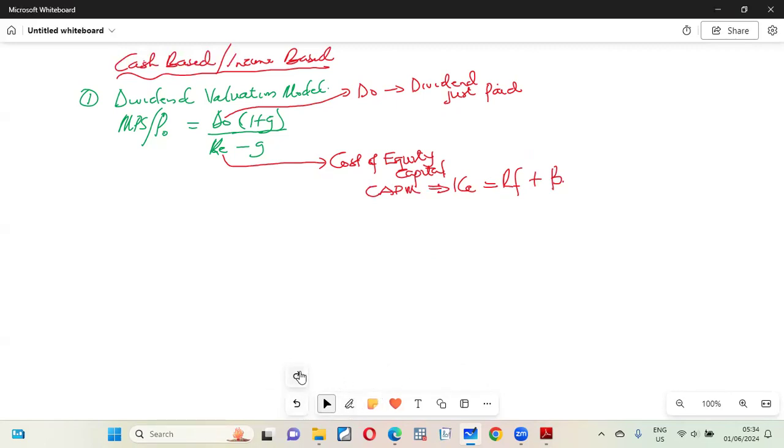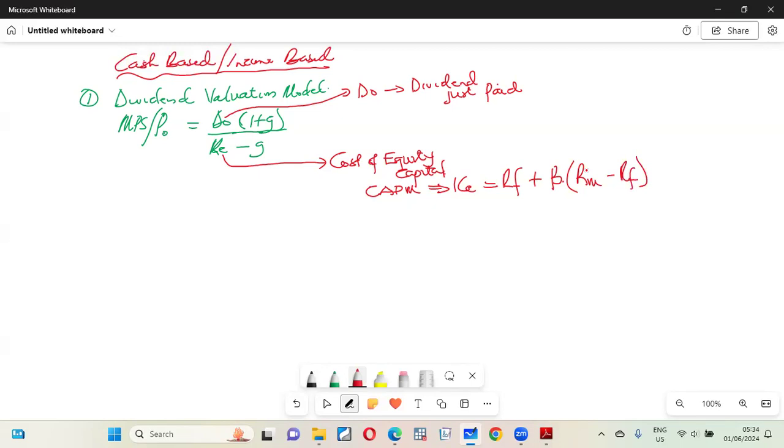If the company doesn't have debt, we use beta A, the asset beta, ungeared beta. But if the company has debt in it, we use beta E. But here, they don't bother you with those things. Then beta into bracket RM, which is the market return, minus RF, the risk-free rate of return.